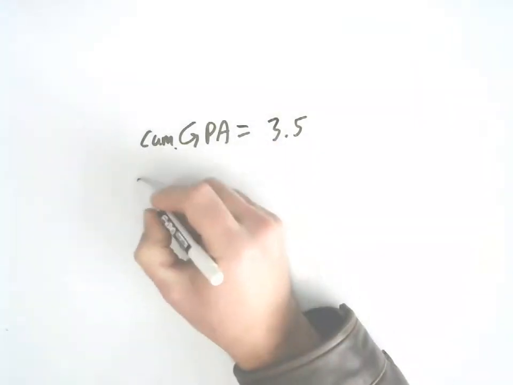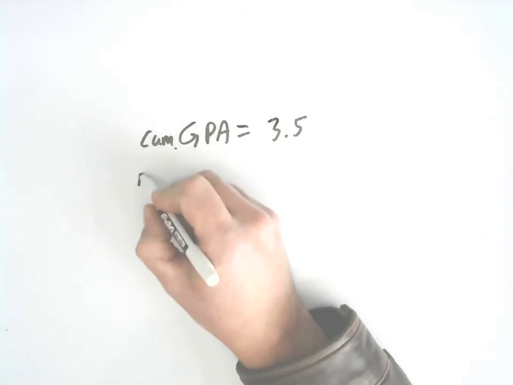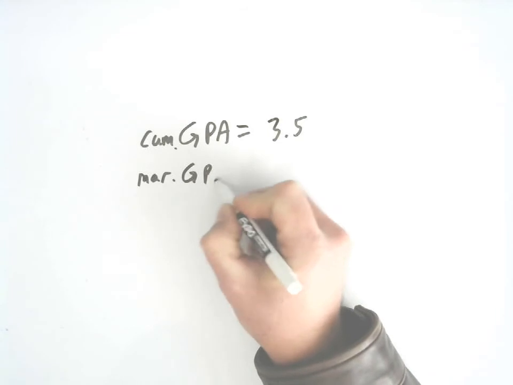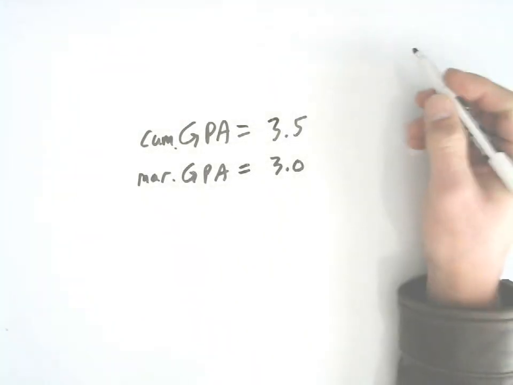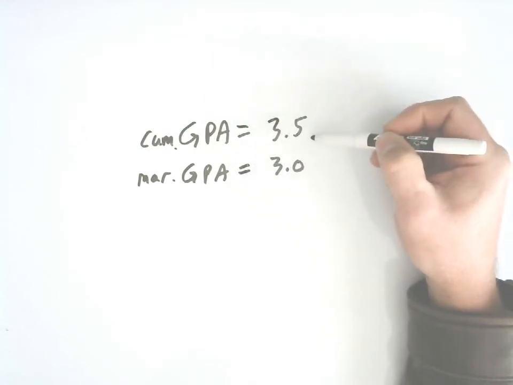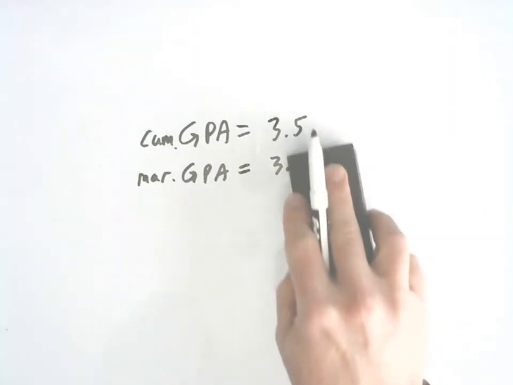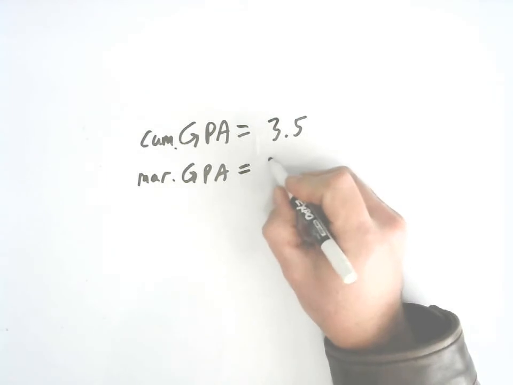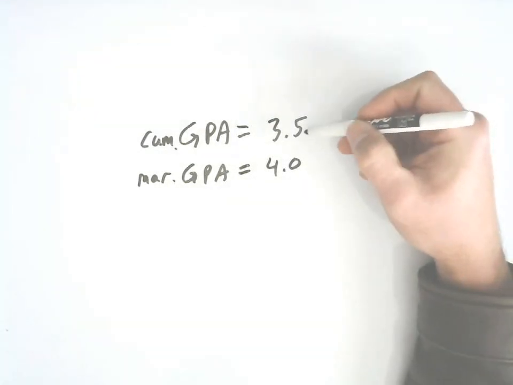If on your 6th semester, which is your marginal semester, your GPA in that 6th semester is a 3.0, what's going to happen to your cumulative? It's going to fall. Now if in your 6th semester your GPA was a 4.0, what's going to happen to your cumulative average? It's going to go up.